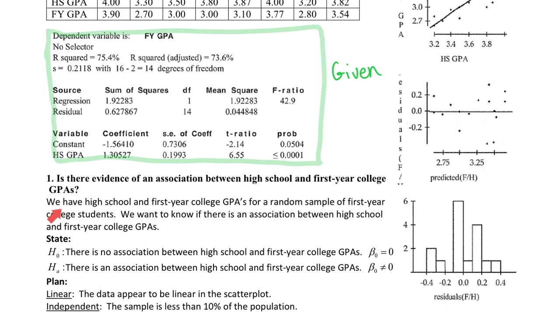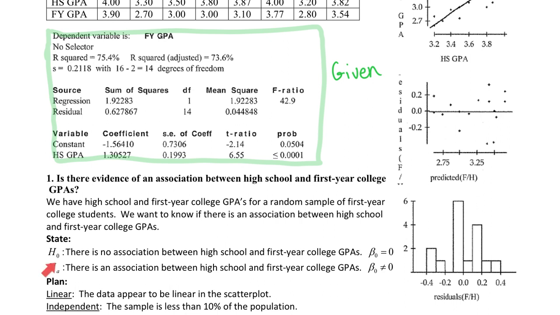This one is a test. We have high school and first year college GPAs for a random sample. We want to know if there's an association between high school and first year college GPAs. I don't know what that's there for, but I think it's just restating what they're looking for.